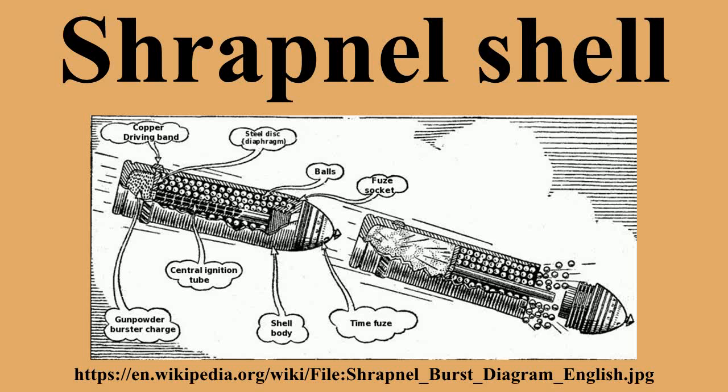Replacement by high explosive shell. With the advent of relatively insensitive high explosives which could be used as the filling for shells, it was found that the casing of a properly designed high explosive shell fragmented effectively.